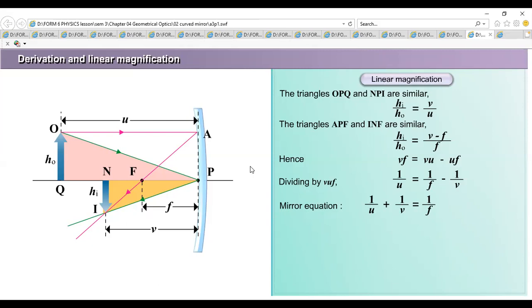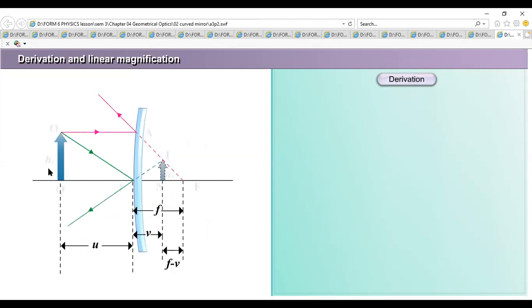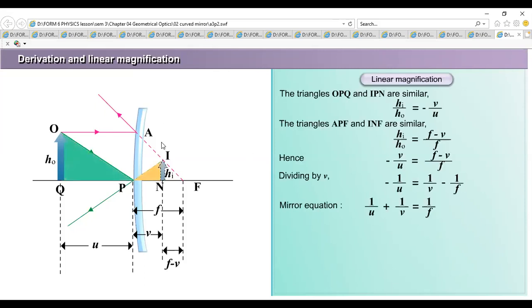Now, let's look at the light ray again for the convex mirror. Convex mirror shows a virtual image. That means that the image is formed at the other side. So same thing.